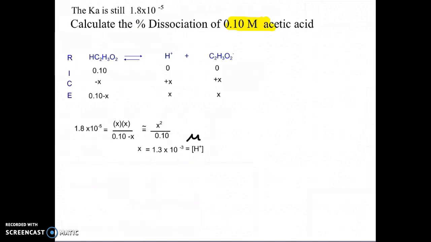What's going to happen when I take that 1.3 times 10 to the negative 3 and divide it by the initial concentration, which was 0.1? Now the percent dissociation ends up becoming 1.3. And so the more dilute the weak acid is, the more dissociation happens.